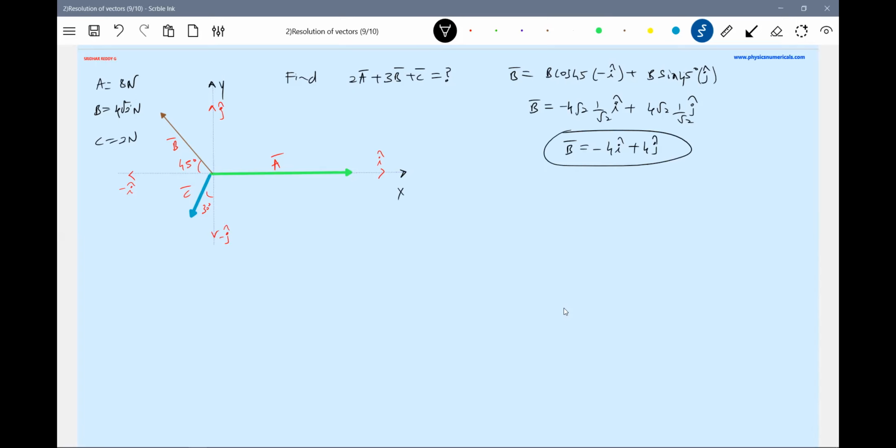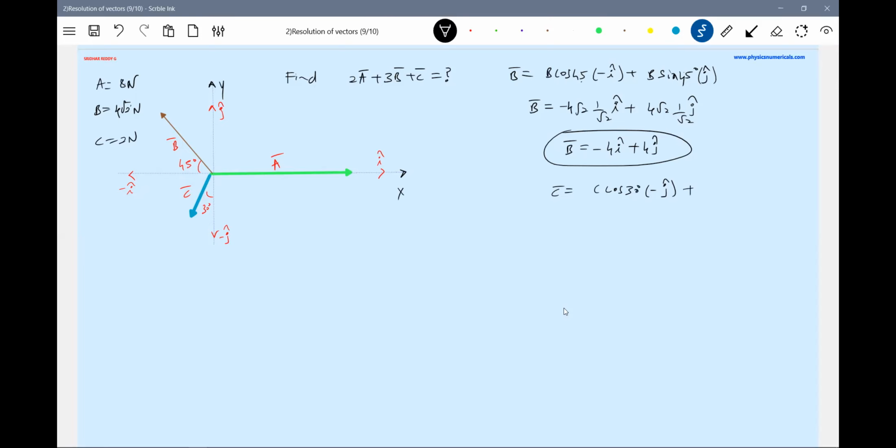Then similarly, C bar we will generate. C bar will be C cos 30 degree minus J cap. Again, big trouble for you. Sir, here for I cap you took cos, for J cap you're taking cos? It's not like some rule. No, this will become the horizontal component, this will become the vertical component for C bar.